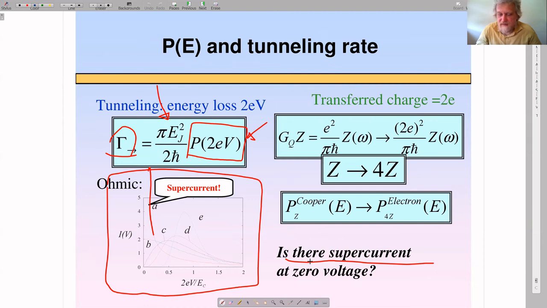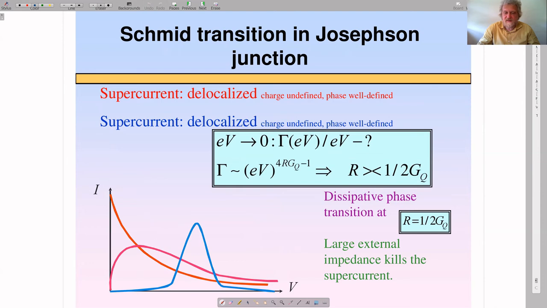Another detail which I want to mention: since we have double charge, the impedance which enters the expression for Cooper pair P(E) is eventually 4 times bigger than the impedance for electrons. Good. This is tunneling of Cooper pairs.